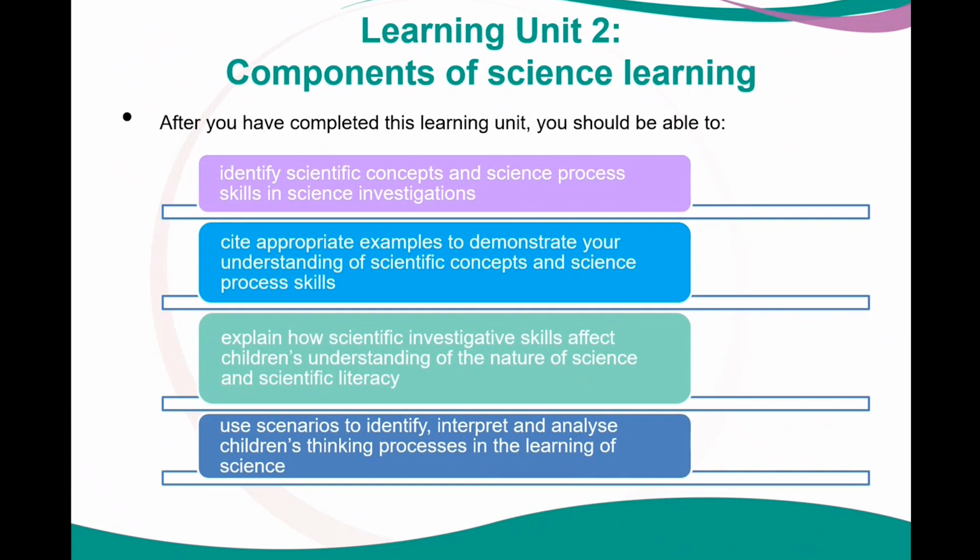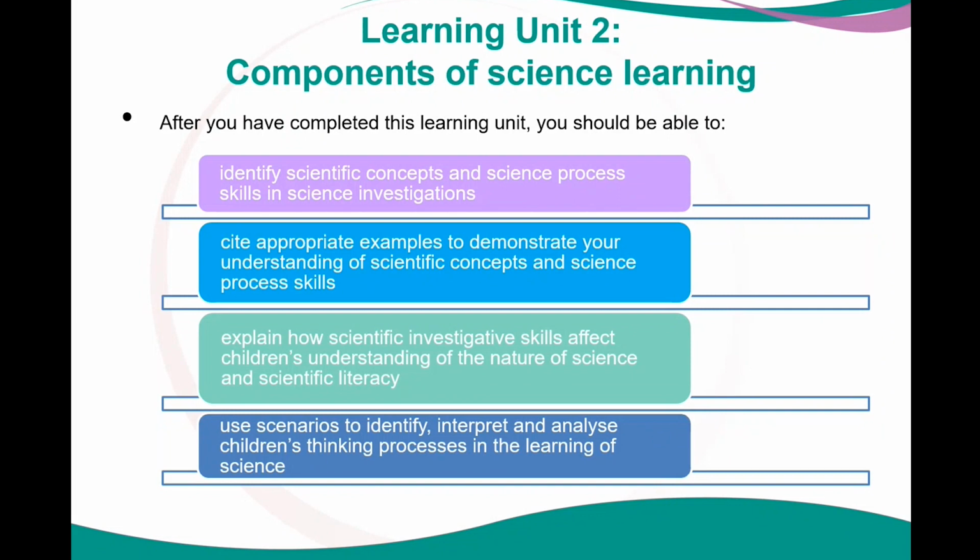So today is all about Learning Unit 2, which is the components of science learning. After you have completed this learning unit, you should be able to identify scientific concepts and science process skills in science investigations and cite appropriate examples to demonstrate your understanding of scientific concepts and science process skills, and also to explain how scientific investigative skills affect children's understanding of the nature of science and scientific literacy.